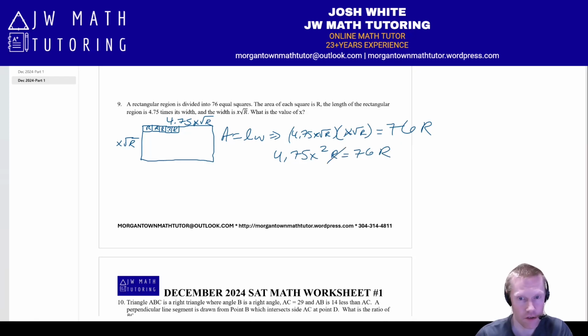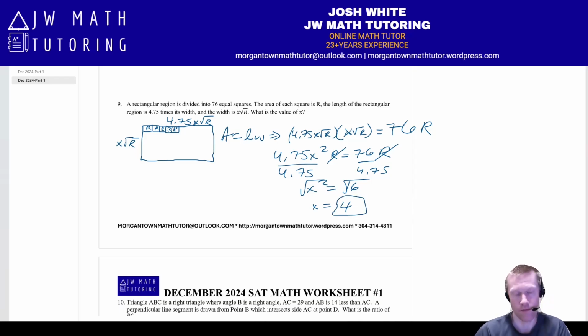You can divide these r's and cancel them out because they are not equal to 0. And then you can just solve this equation. So if you divide by 4.75, you should get 16 on both sides, and then you can square root. Technically, you get plus or minus 4. Obviously, we're dealing with distances, so the negative 4 doesn't matter. So the value of x will be positive 4.